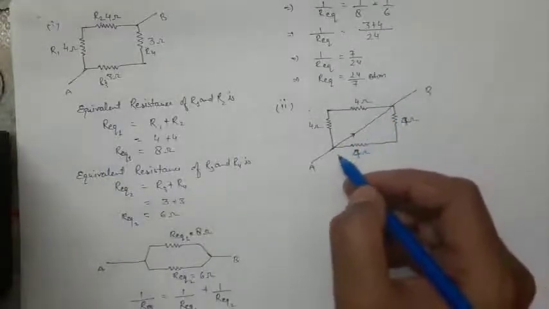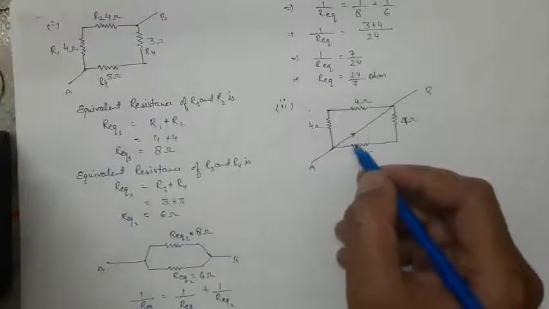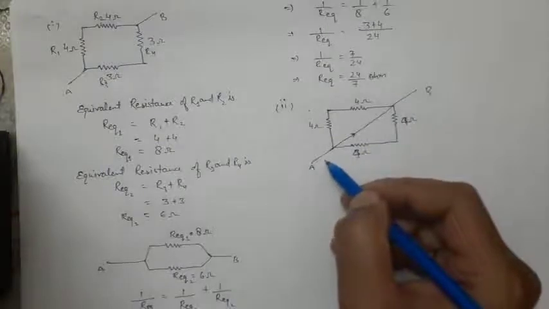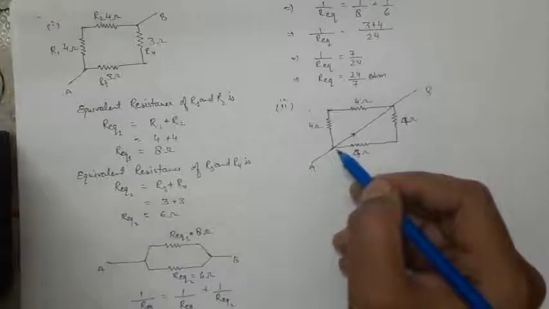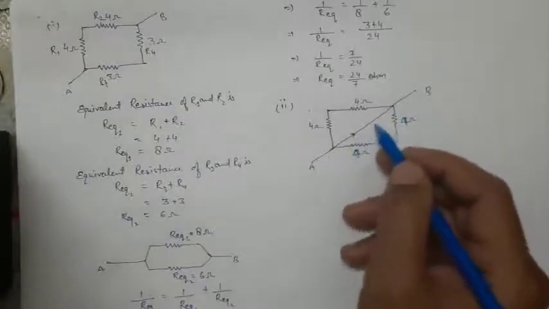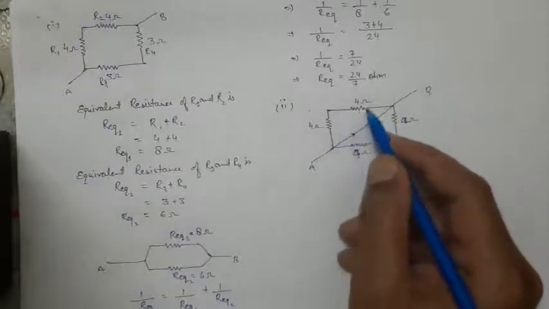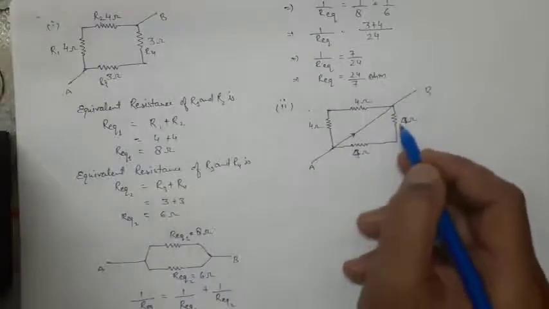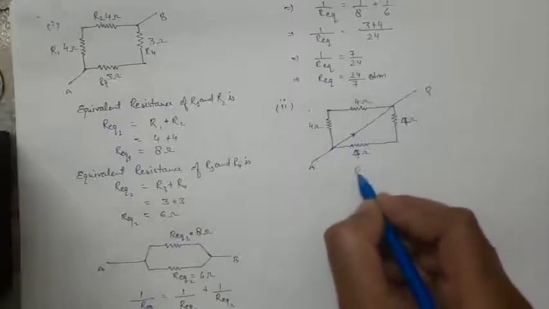We can say it's a shorting of the points: we take a wire of 0 resistance and connect point A and point B. If we have the 0 resistance path, why would we go through the resistant path? So in this question, R equivalent equals 0.